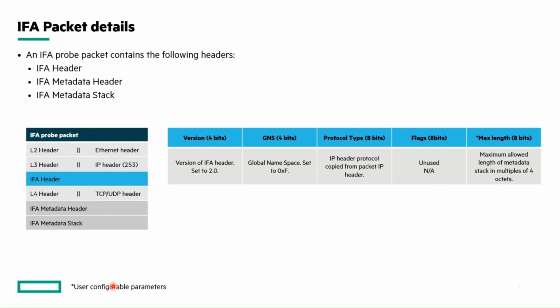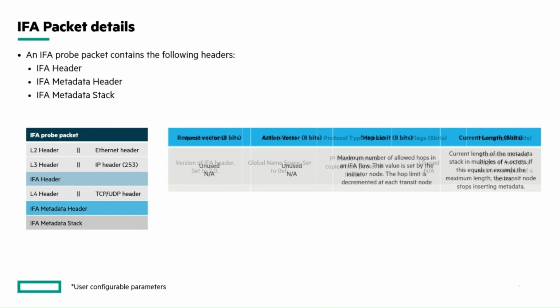A protocol type, which is copied from the IP header of the original packet, and we have flags, which is unused right now. And then further we have max length, which is the maximum allowed length of the metadata stack in multiples of 4 octets. Now this value is user configurable, and we will see how to configure it and how it will be updated here.